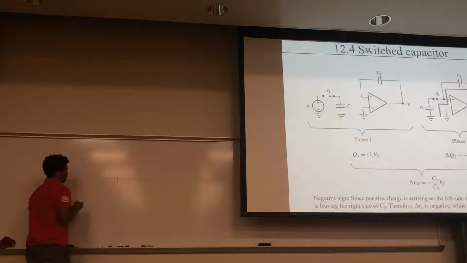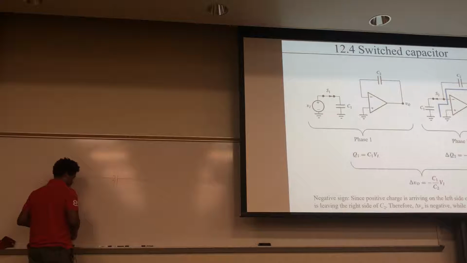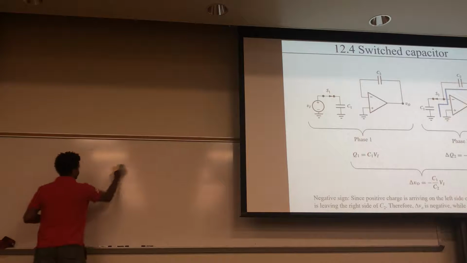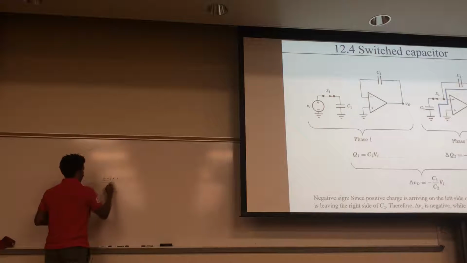On phase 1, positive charge will accumulate over here, and the same amount of negative charge will be on this side.